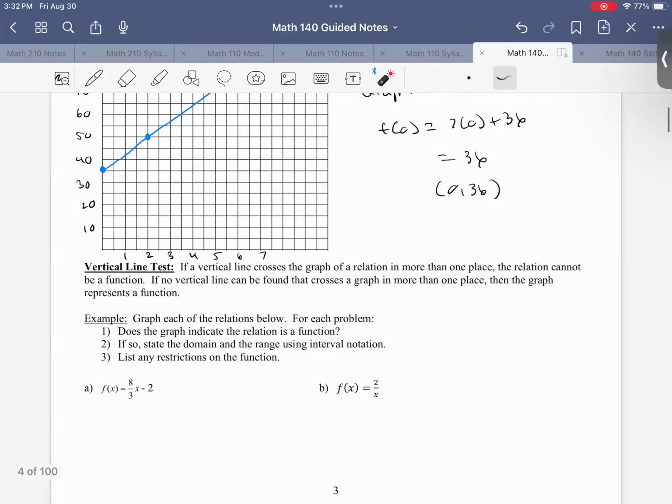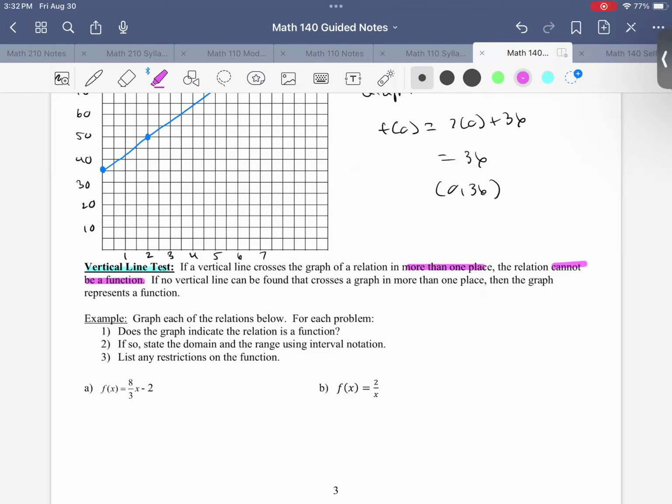There is a test called the vertical line test for determining whether a graph is a function or not. If a vertical line crosses the graph at more than one place, meaning it touches the graph twice, the relation cannot be a function.